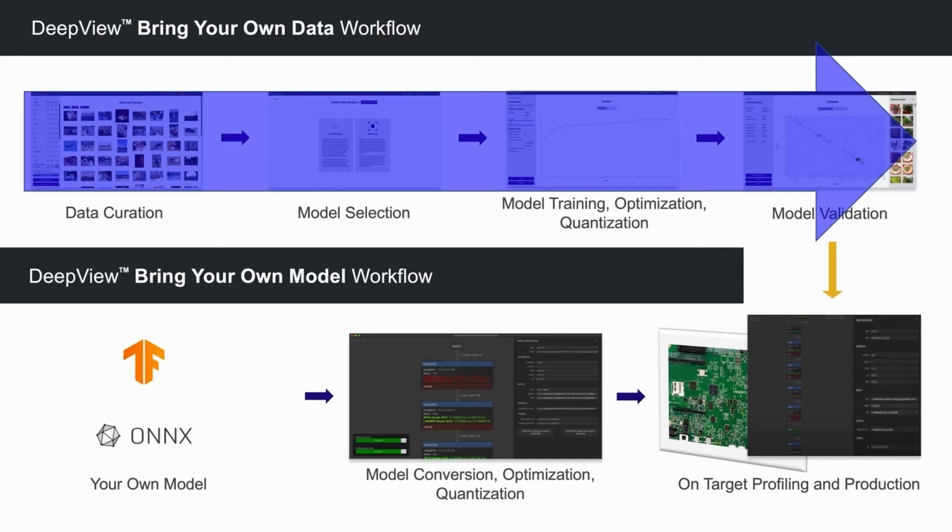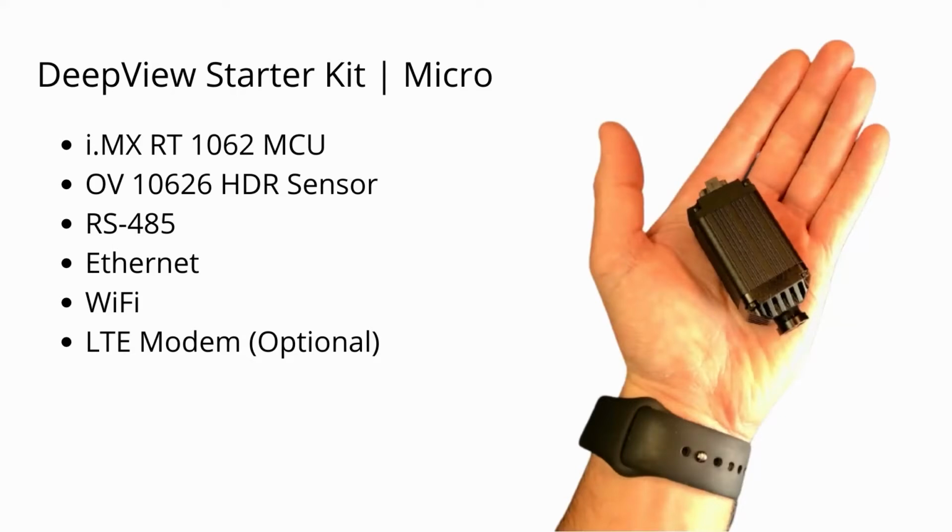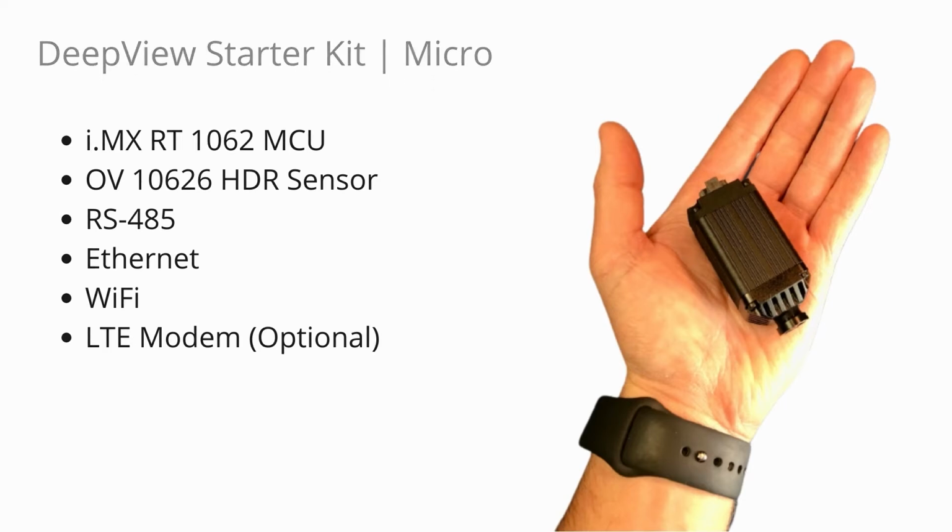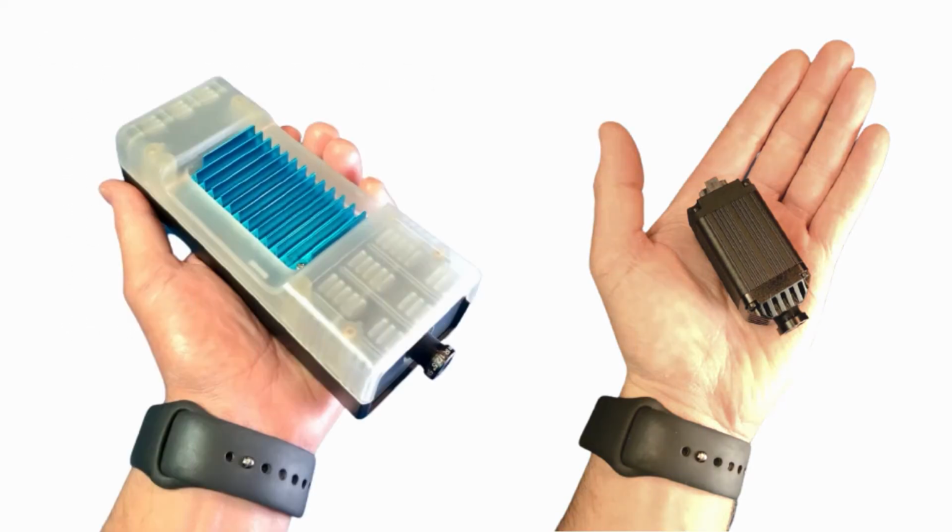The platform will be running on the DPU Vision Micro Kit. This is Ozone's camera device for rapid prototyping. It's based on the i.MX RT1062 microcontroller. It's got an integrated OmniVision OV10626 camera sensor with high dynamic range, and it comes in a very small package, about the size of a couple quarters, so it's really great for prototyping. We also offer the Maven Edition, which is the Micro's big brother.